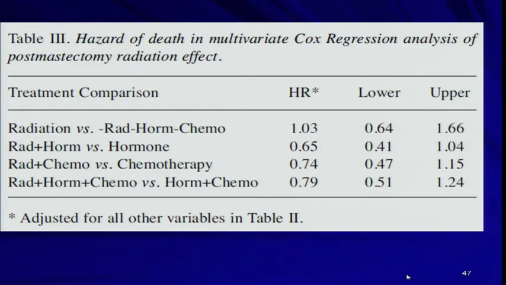You see radiation versus no radiation, no hormone, no chemo: the hazard ratio increases about 3%, but it's not statistically significant. Further, radiation plus hormone versus hormone, so we still look at the radiation effect: the risk is reduced about 35%, but statistically it's not significant.